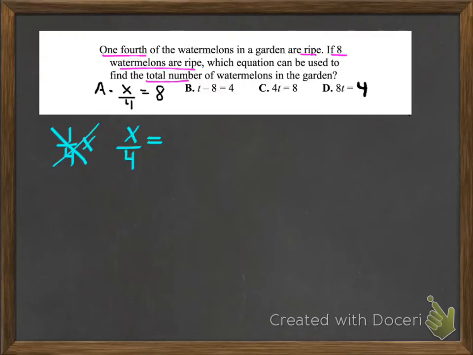So x divided by 4 equals 8, because it says if 8 of the watermelons are ripe. The reason why this equation is not correct is because that would be 4 times the number of watermelons.